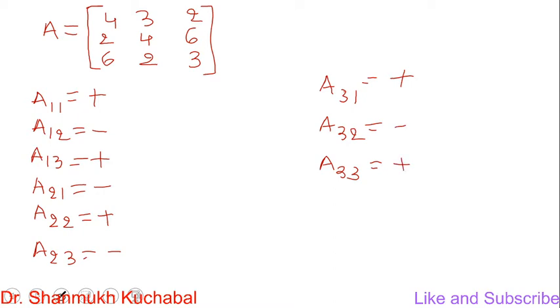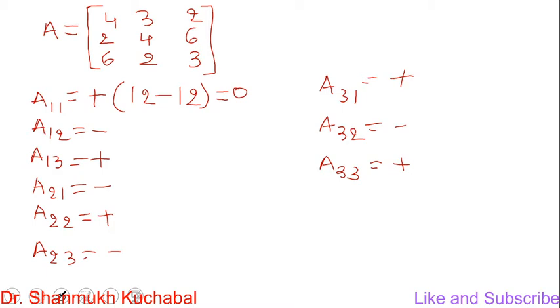Further, A11 we have to calculate. A11 means first row first column, so the corresponding row and column we have to eliminate. So we get these 4 values, cross multiply: 4 3s are 12 minus 2 into 6, 12. So that we have to write within a bracket. I hope you are understanding, very easy it is. So simplification will be 0.